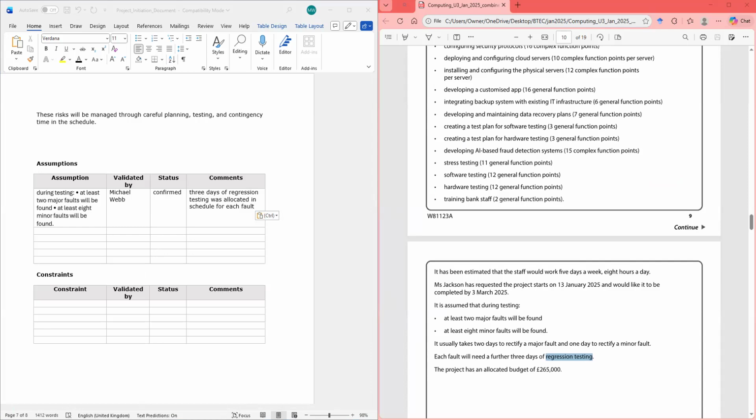We're going to assume that the project will start on the 3rd of March. Notice I'm using the word will. That's the assumption.